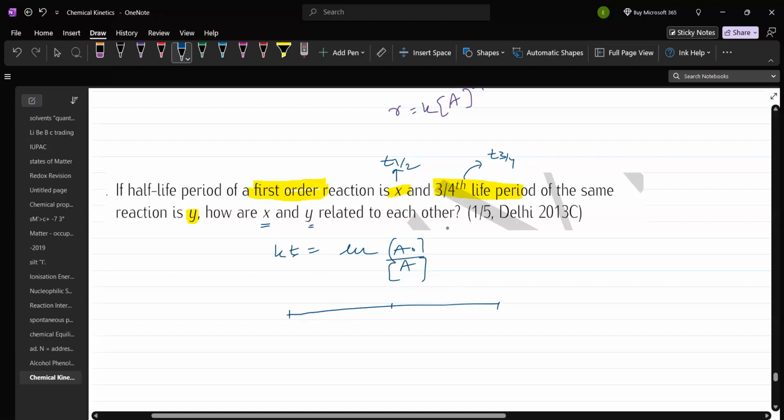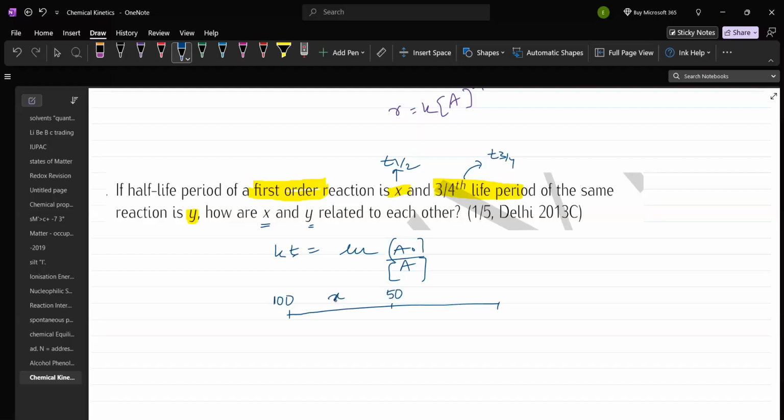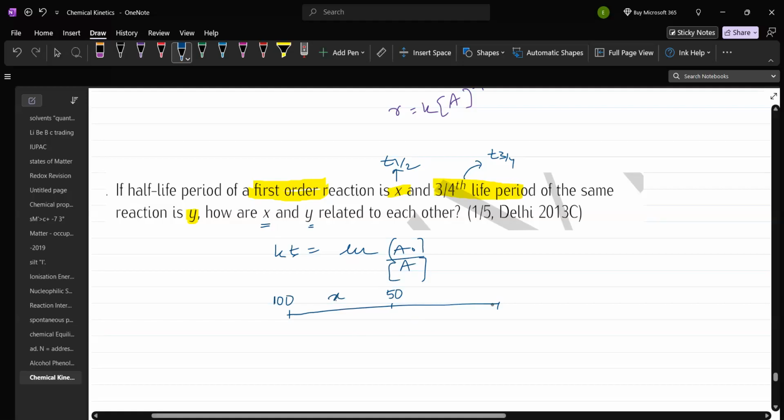So the question says, this is T half, and the question is asking for Y, which represents 3/4 life period.